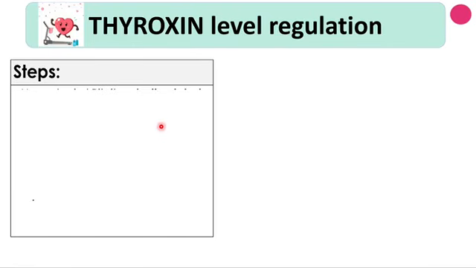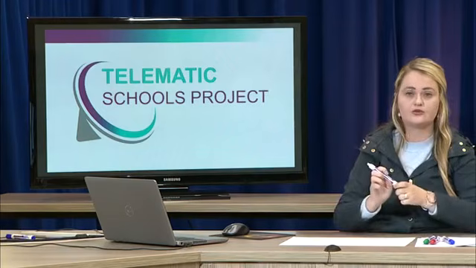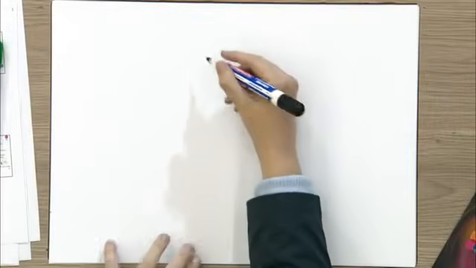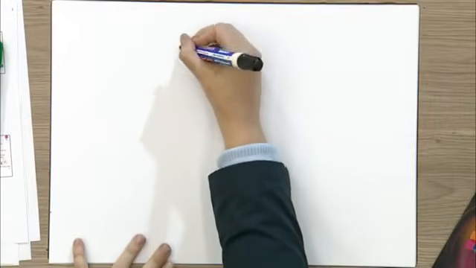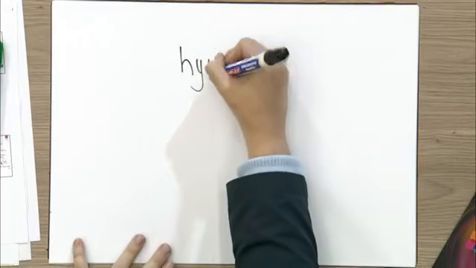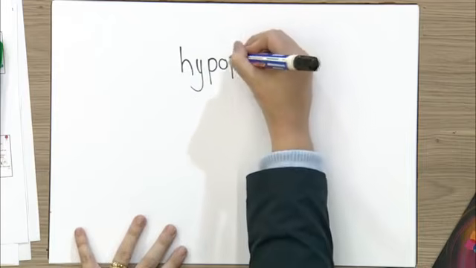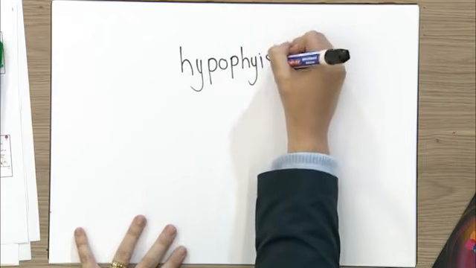maintain that balance again. Okay, so I am going to draw you a little picture, what I do with my grade 12s. And this picture just shows you sort of the steps that are needed. So first of all, we have the hypophysis, right, the master gland.